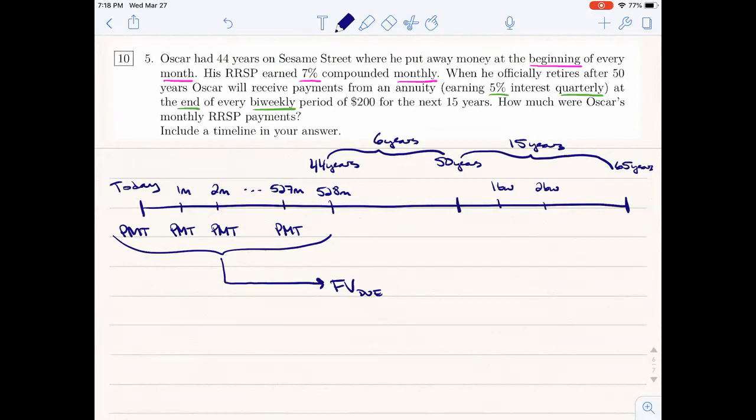The length of time here is only 15 years. 15 times 26 is 390 biweeklies. 389 biweeklies, dot, dot, dot. Things got crowded. At the end of every biweekly period of $200. So $200 here, $200 here.